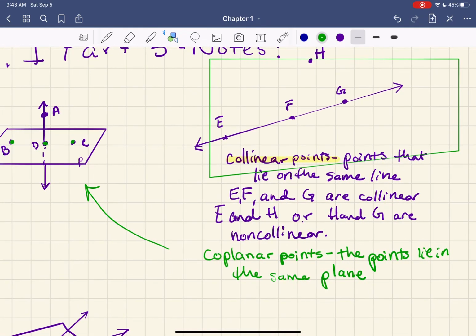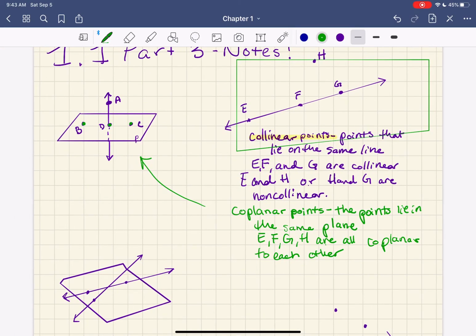That means that E, F, G, and H are all coplanar to each other, and we can say that with this diagram here, point A and C are not coplanar.